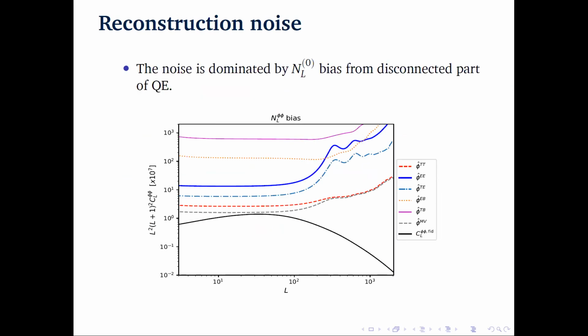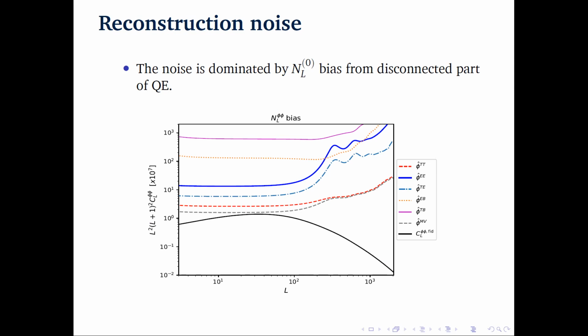Here's a plot of this reconstruction bias for an experiment that has noise properties like Planck. Here you can see different estimators. As I said, we can take any combination of maps for this reconstruction. If you take the temperature map, it will be the TT estimator, or TE or EB. These are the different estimators shown here.